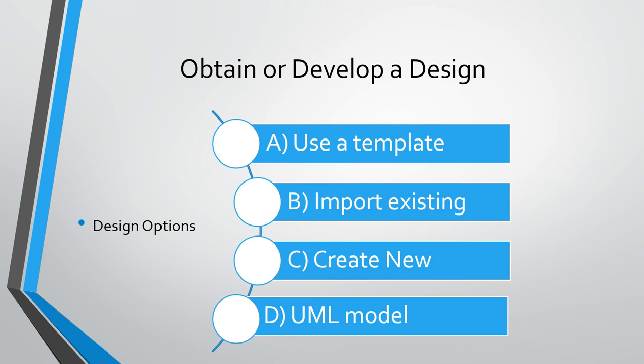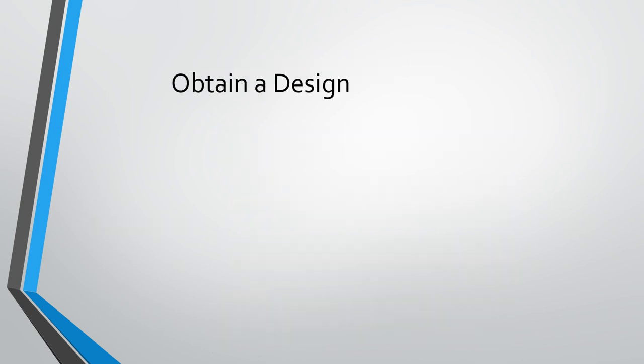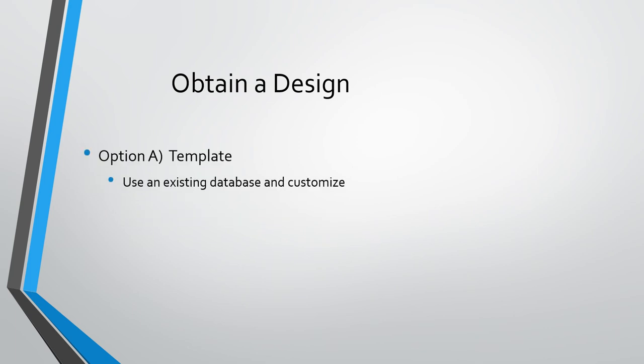So here are some design options. You could use a template, import an existing one, create a new one, or use a UML model. So you'll obtain a design. So first, obtain a template.